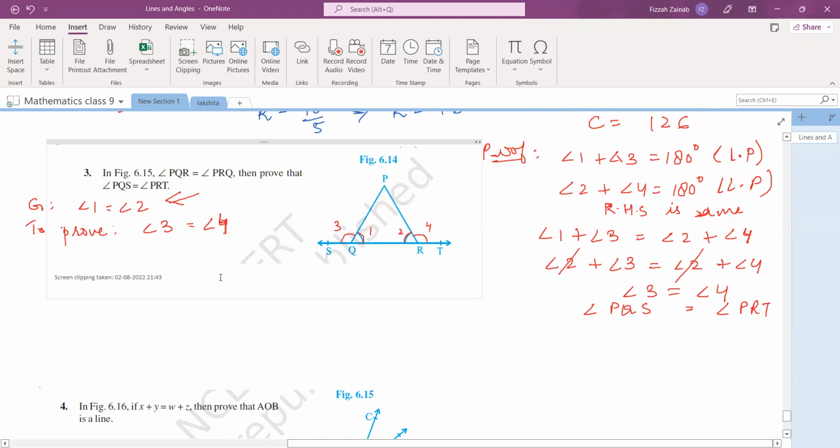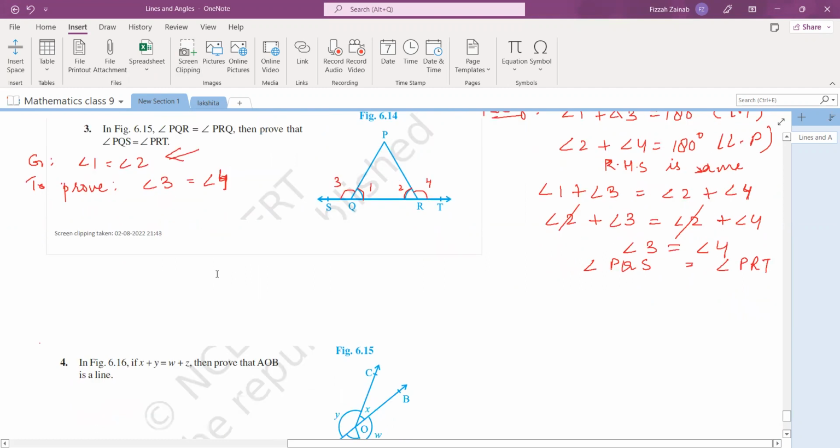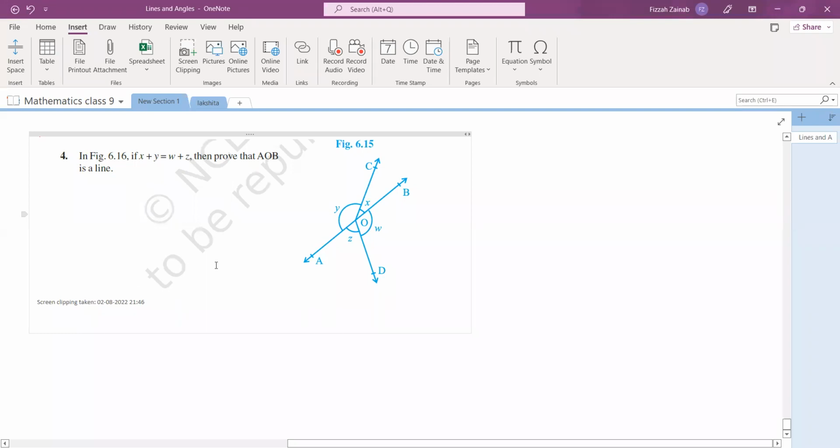Please take a picture, right? You can note down later. Actually, I have a class, so I just want to finish first. Okay. Right.